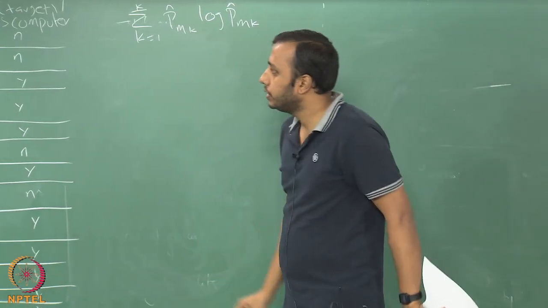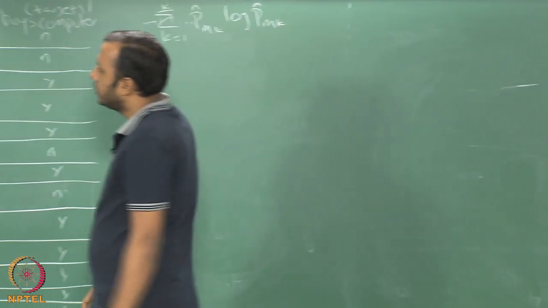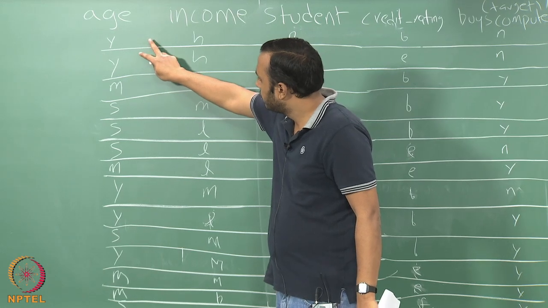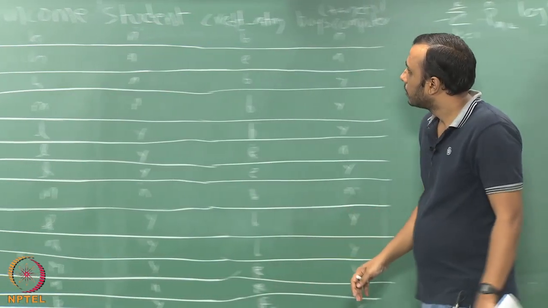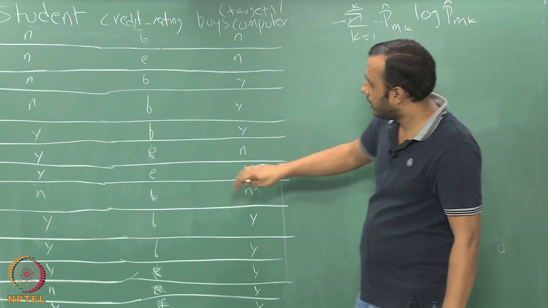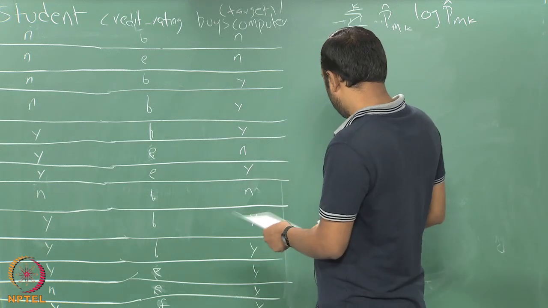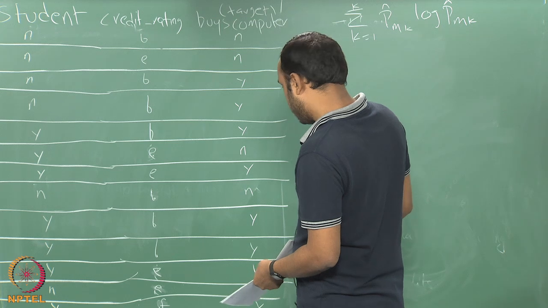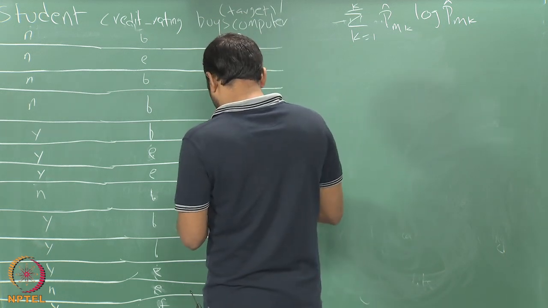If we start with the attribute age, first we see how many data points have the value youth: 1, 2, 3, 4, 5, and what are the corresponding class labels? 2 have no, and the remaining 3 are yes.